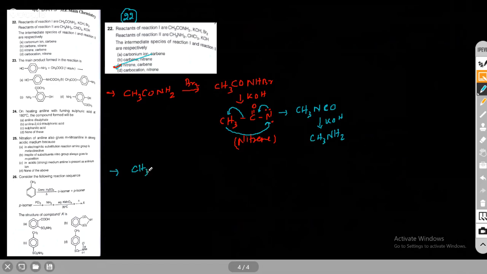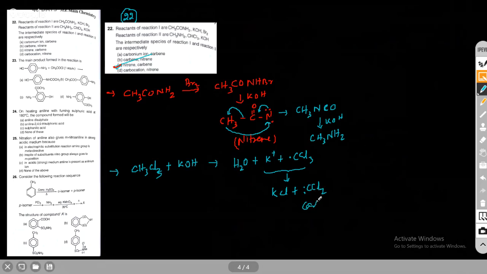Second, nitrene, second reaction you see the reagent we have, what? CHCl3 plus KOH. This gives you H2O plus KCl. We'll get H2O, K plus CCl3 with one unpaired electron, and with this it forms finally KCl, and we get CCl2 with a lone pair of electrons here.